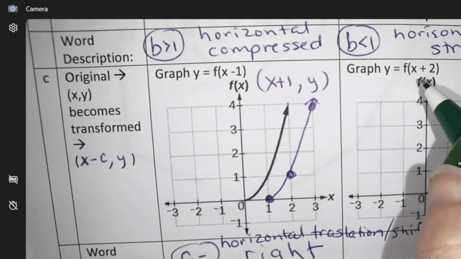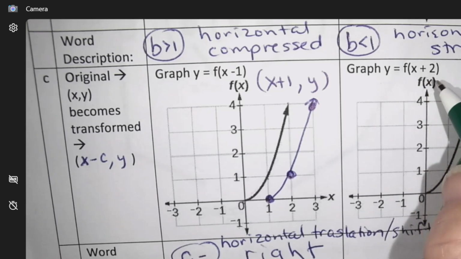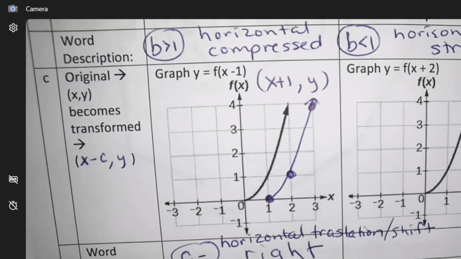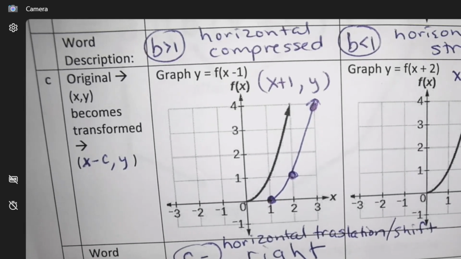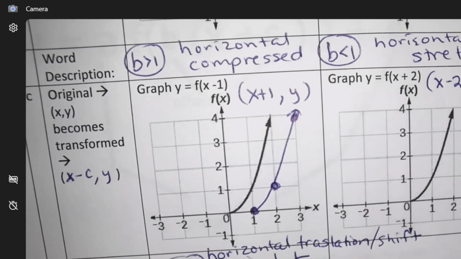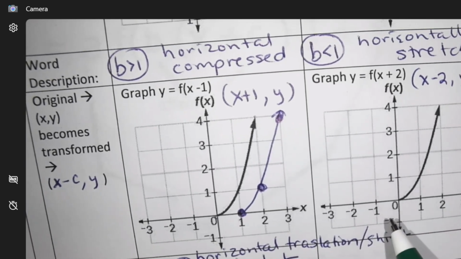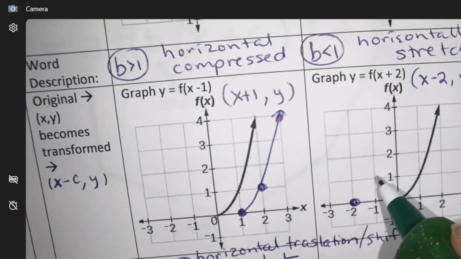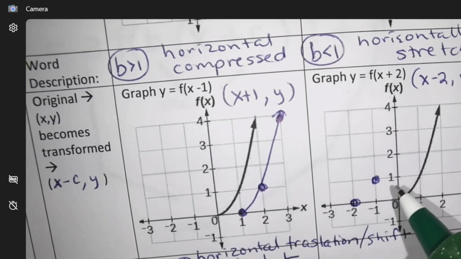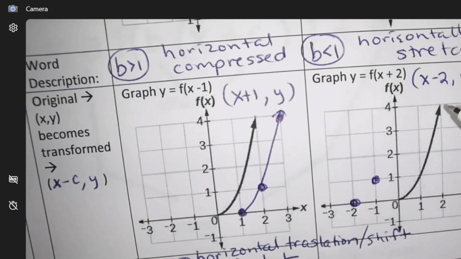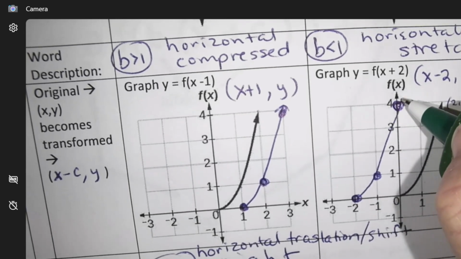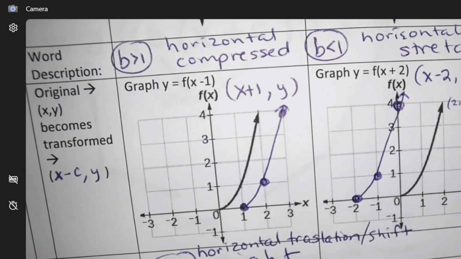Okay, so here, what happens if you minus a positive 2? If you minus a positive 2, then we are just minusing a 2. Okay, so 0, 0 is going to become negative 2, 0. 1, 1 is going to become negative 1, comma 1. 2, comma 4 is going to be 0, comma 4.